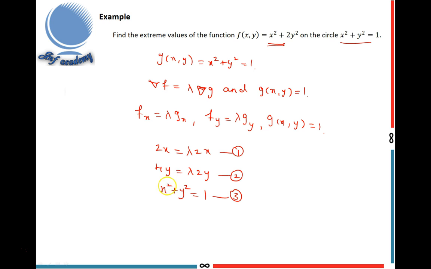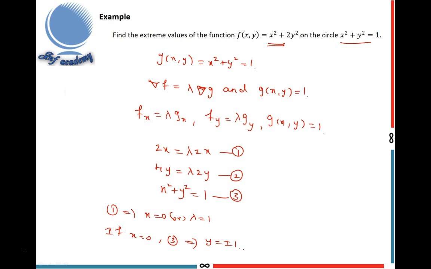From 1 we have, 2 cancels, so x equal to 0 or lambda equal to 1. If x equal to 0, then 3 gives y equal to plus or minus 1.